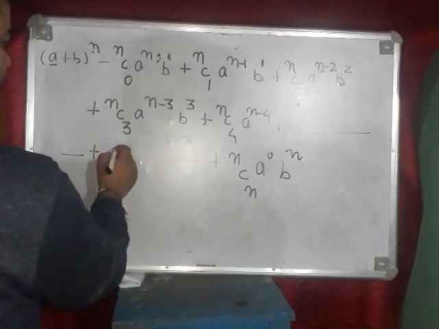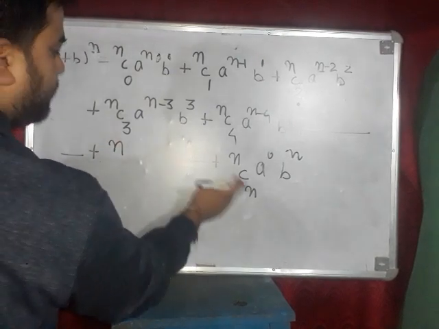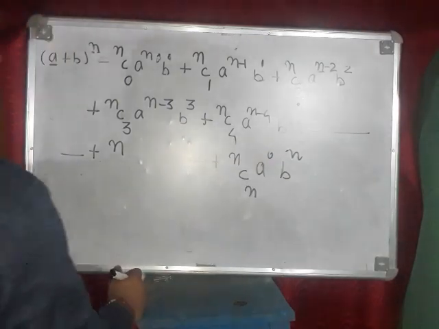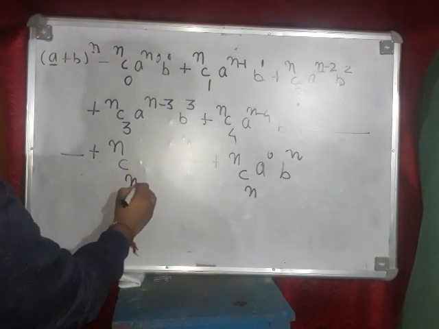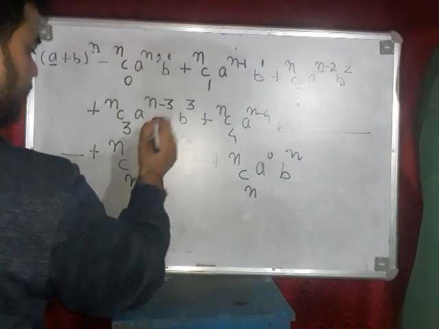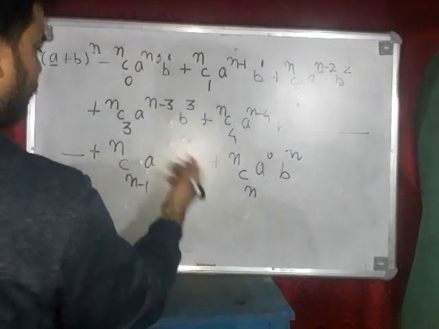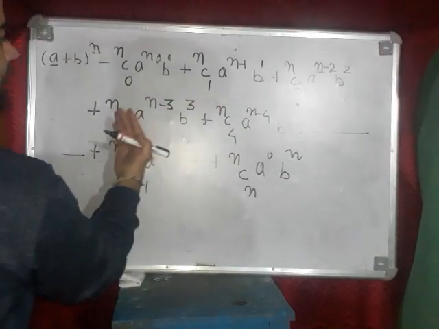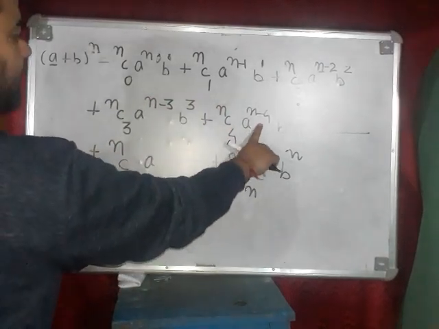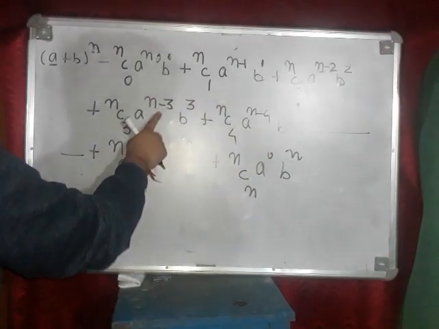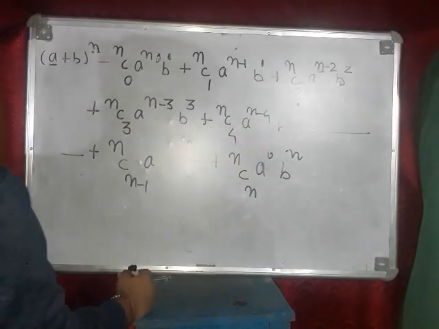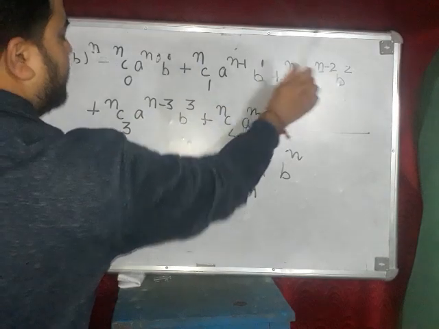And the term previous to nCn, a to the power 0, b to the power n, is nC(n minus 1), a to the power 1. When we go to the left side, the power of a is increased: n minus 3 is greater than n minus 4 by 1, n minus 1 is greater than n minus 2.